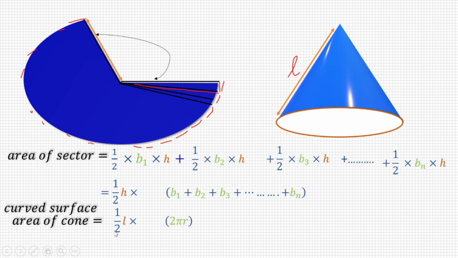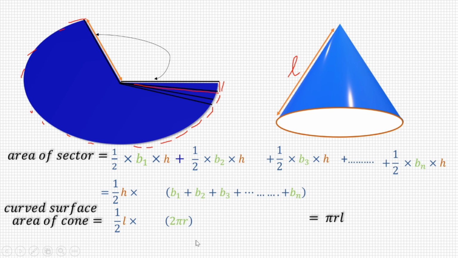By cancelling 2 with 2, we get the formula pi rl. So the curved surface area of the cone is pi rl, where r is the radius of the base and L is the slant height. Whenever you have to calculate the curved surface area of the cone, you can use this formula with the value of pi, the radius of the base circle, and L, the slant height of the cone.